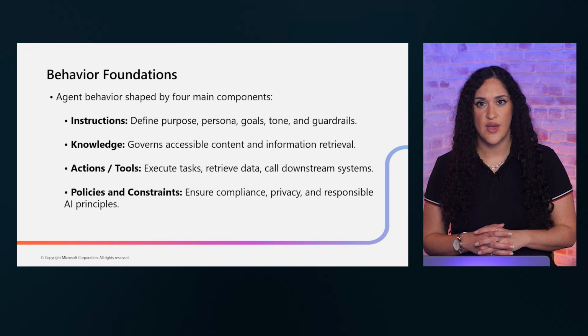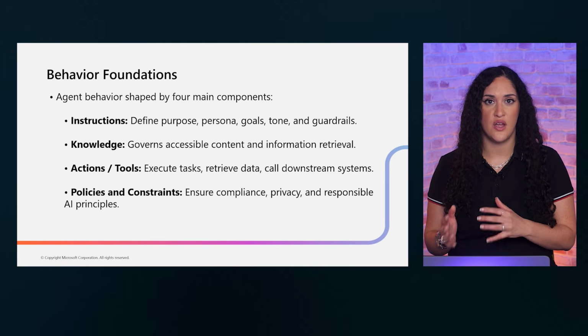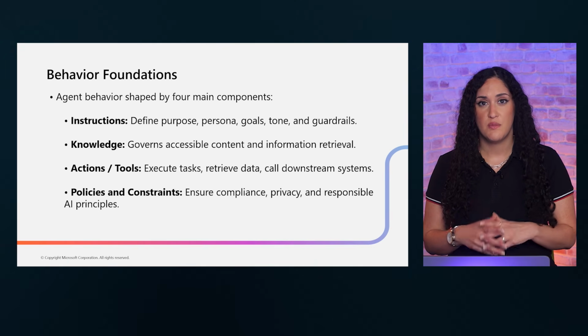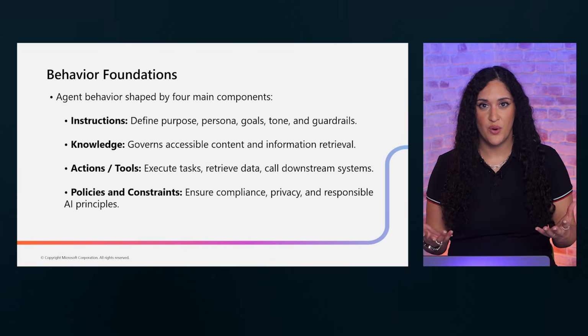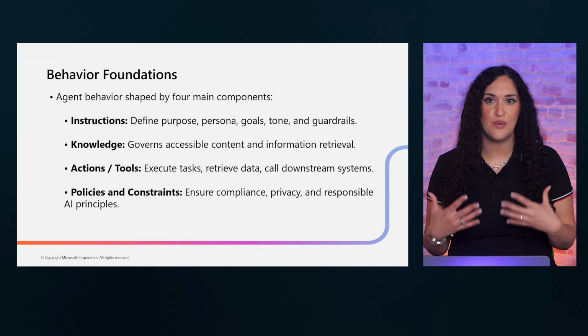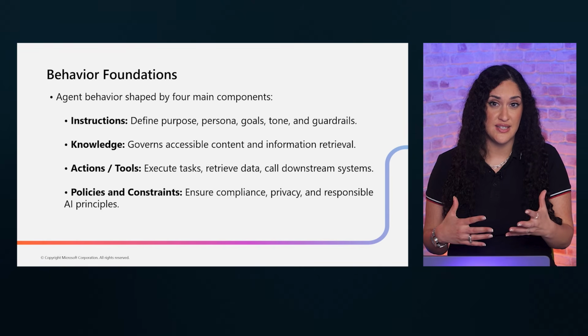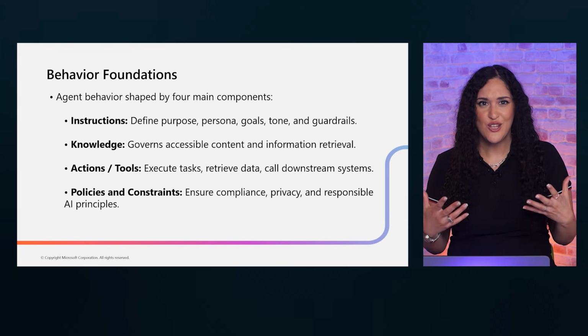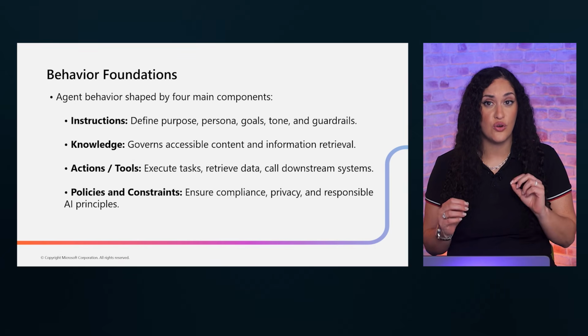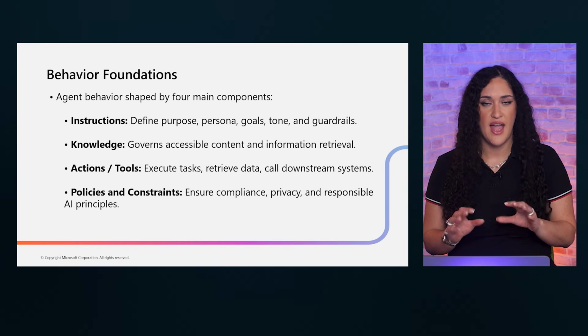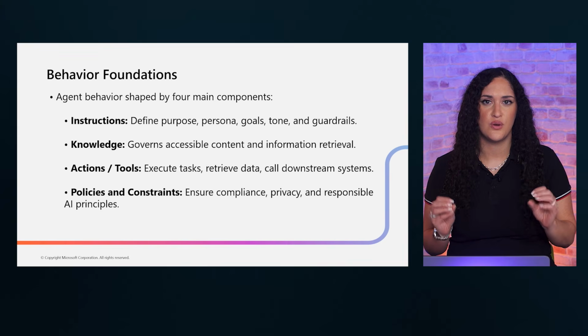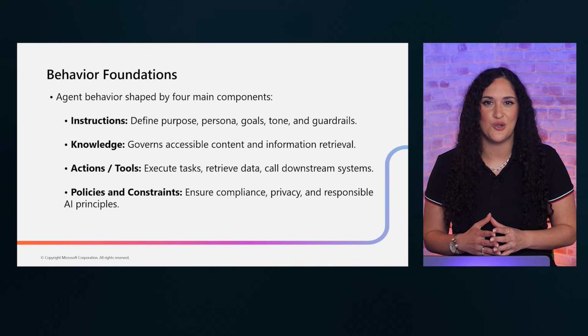And policies and constraints ensure compliance, privacy, and responsible AI. The best practice is to ensure these four components form a consistent, coherent behavioral framework. If your instructions say one thing but your policies restrict something else, the agent will produce confusing or contradictory responses. Alignment across all four components is essential for predictable agent behavior.